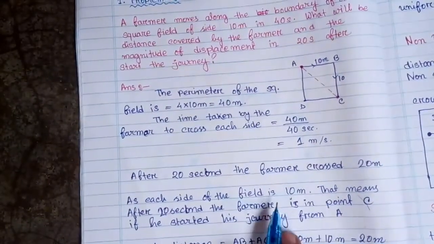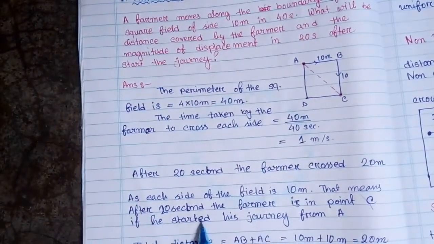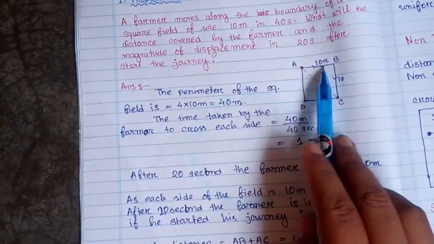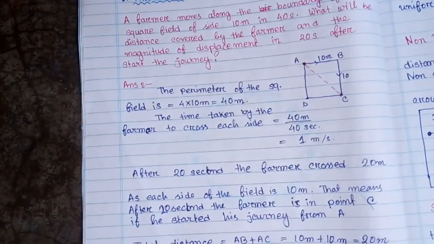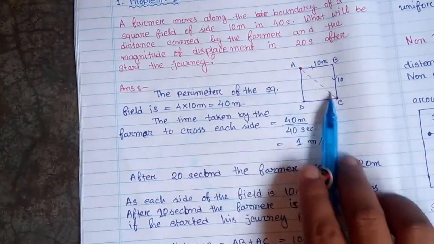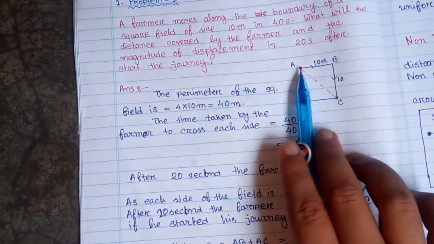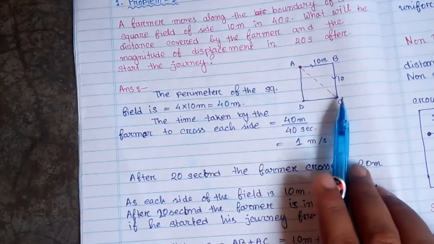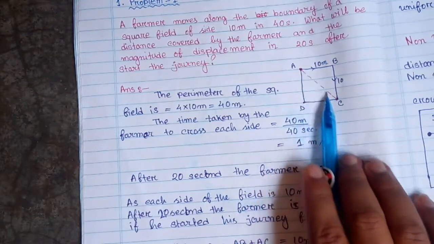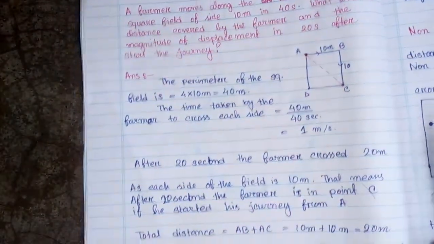As each side of the field is 10 meter, after 20 seconds the farmer is at point C, that means from A to B and B to C, that is 10 plus 10, that is 20 meter. The total displacement will be AC. Displacement means the shortest distance from the initial to the final position. The initial position is A and the final position is C, so the shortest distance will be the diagonal of that square field. How to calculate the diagonal?